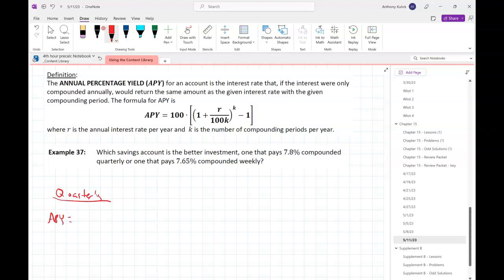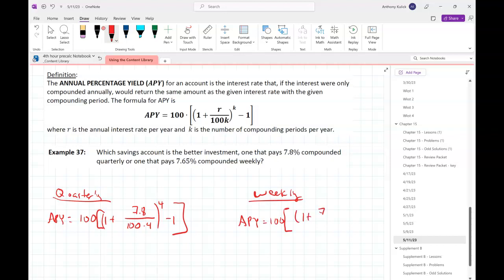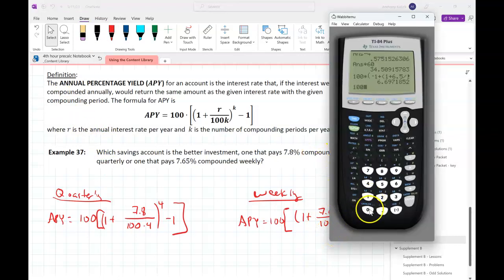So what we'll do here is we'll just calculate the APY for each of them, and we'll just work this out on the calculator.